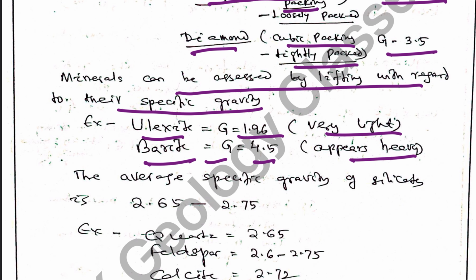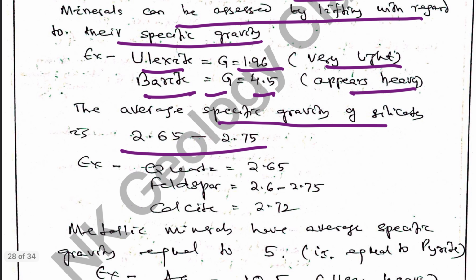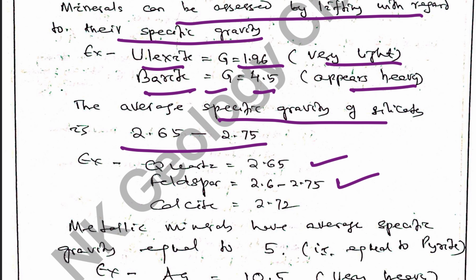If you look at barite and quartz, they appear similar, but if we lift barite in hand, it appears to be very heavy. The average specific gravity of silicates varies from 2.65 to 2.75: quartz 2.65, feldspar 2.6 to 2.75, calcite 2.72.